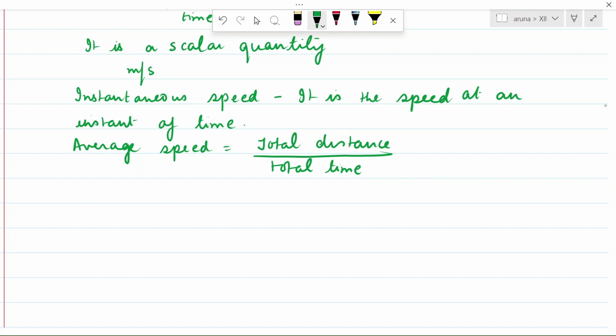Going by the same grounds, we also have velocity to be understood. Velocity is speed with a direction, in short, or we say it is displacement per unit time. Since we are talking about displacement, obviously it is a vector quantity.